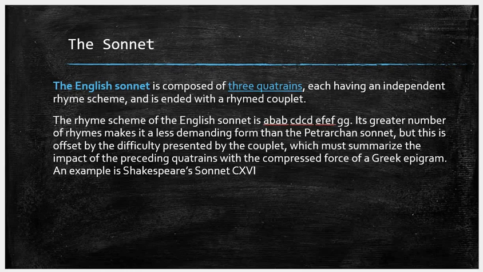Each stanza is of 4 lines and has an independent idea and is rhymed together as ABAB for the first stanza, CDCD for the second stanza, EFEF for the third stanza, and then we have the couplet rhymed GG, and the couplet is the conclusion of the poem, 2 lines of poetry rhymed together that summarize the ideas presented in the 3 quatrains, or in the 3 stanzas that came before the couplet.